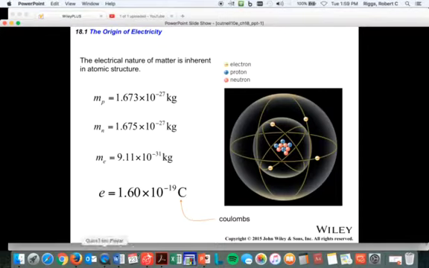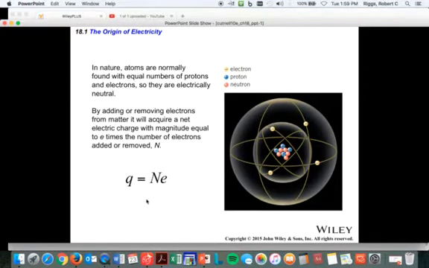Now notice, 1.6 times 10 to the negative 19 coulombs. And charge is quantized, okay? In nature, atoms are normally found with equal numbers of protons and electrons, so they are electrically neutral. By adding or removing electrons from matter, it will acquire a net electric charge with magnitude equal to e times the number of electrons added or removed.